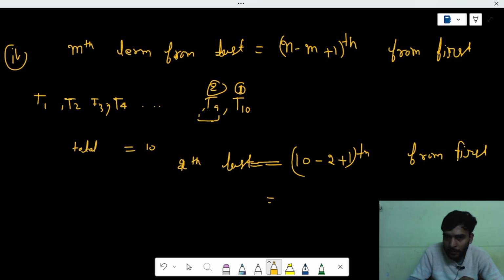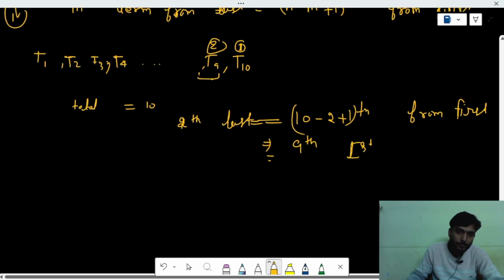By the formula, 10 minus 2 is equal to 8, plus 1 equals the 9th term from first. Both are equal.